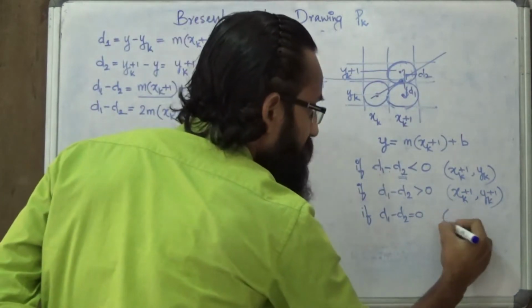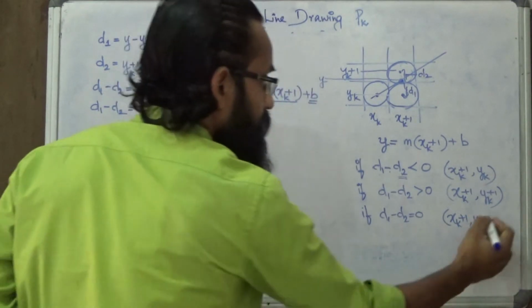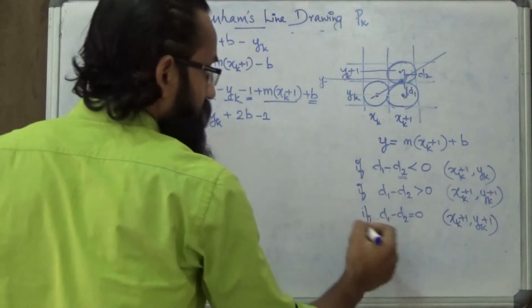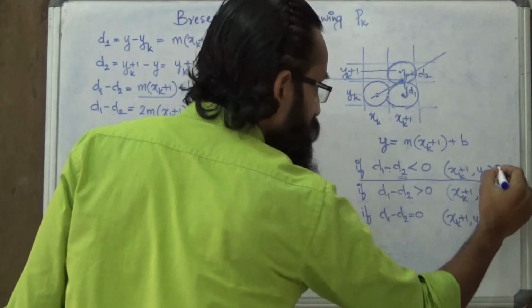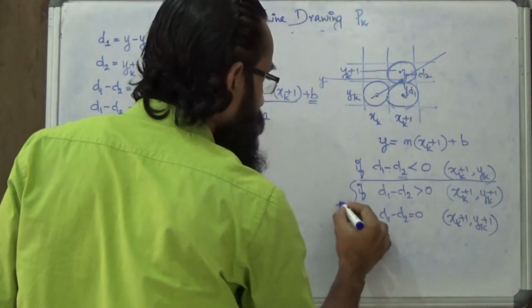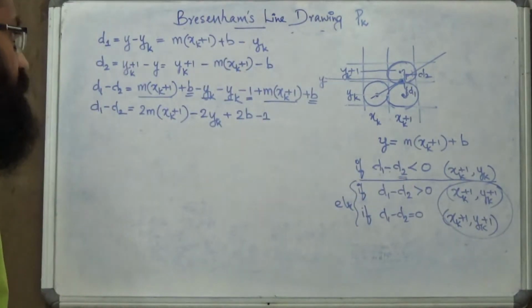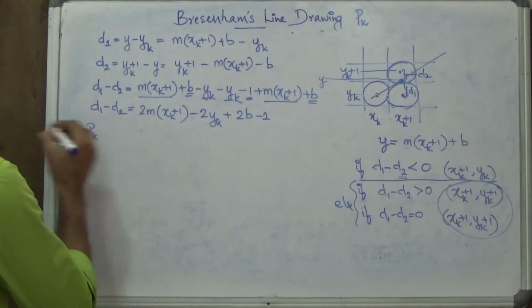So the pixel selected will be (xk+1, yk+1). So I can summarize this as: if d1 minus d2 is less than 0, this is the pixel selected, else the pixel selected will be this one. Okay.